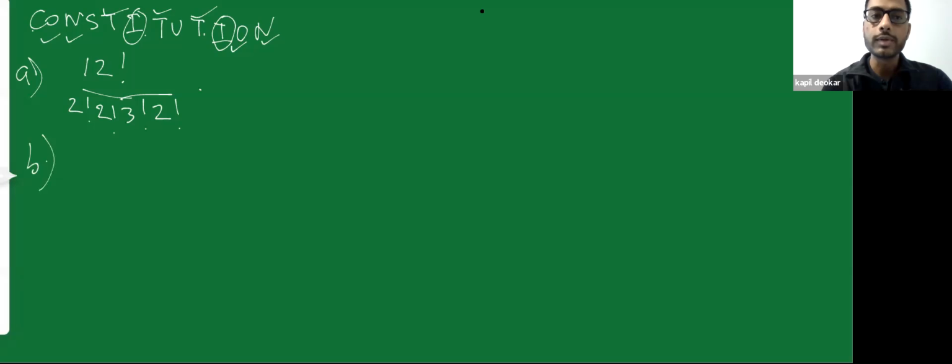In my second question, I wanted all the vowels to be together. If we want something to be together, how do we solve it?